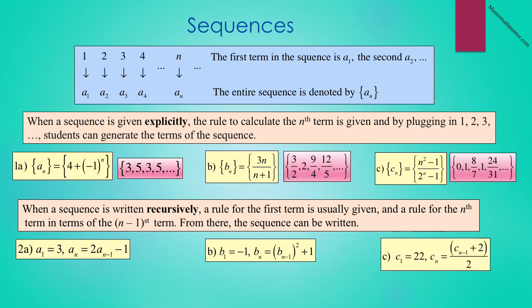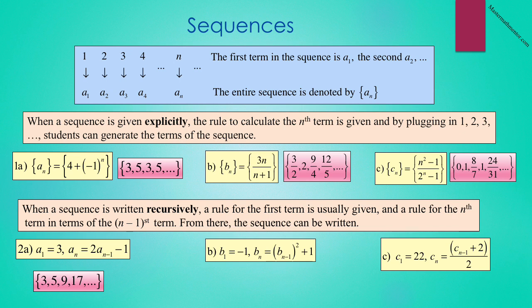Given our three formulas recursively, you are to write the first few terms of this sequence. In 2a, you're told that a sub 1 equals 3, and a sub n is 2a sub n minus 1 minus 1. So obviously our first term is 3.